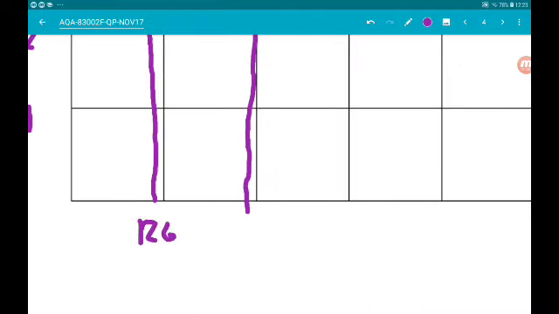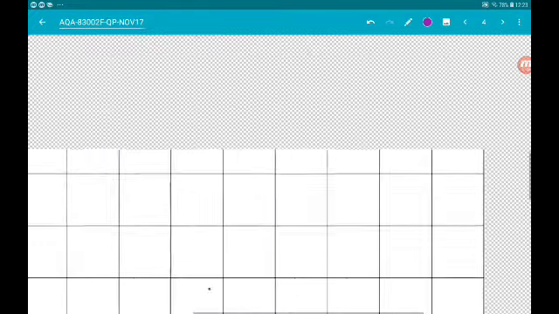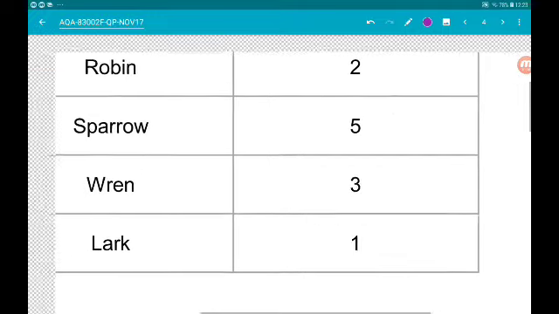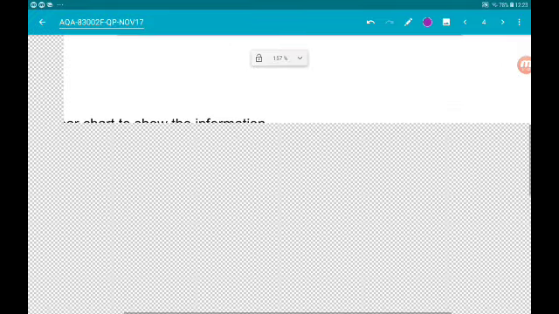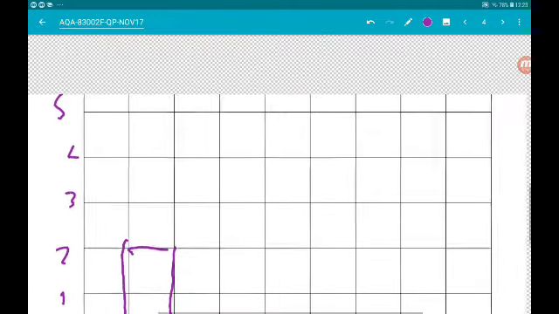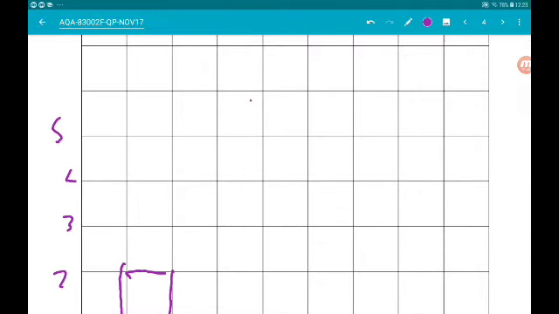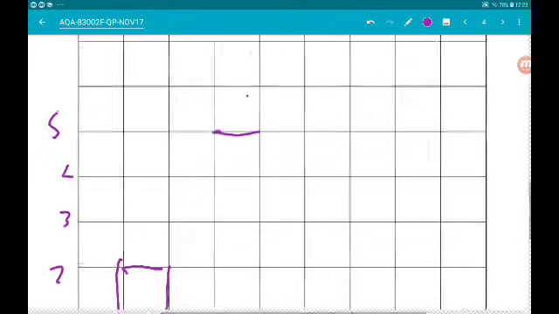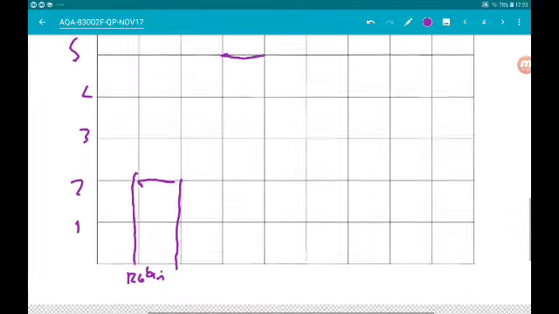So that's robin. Don't forget to label them, very important. Then there were 5 sparrows. I'm going to put all of my bars 1 square apart.